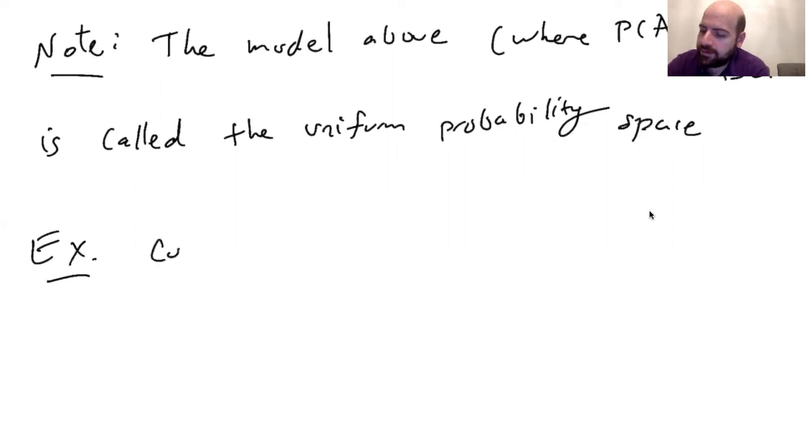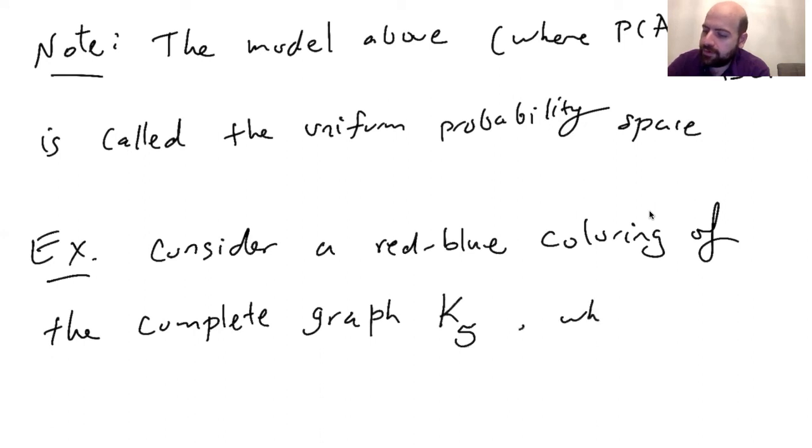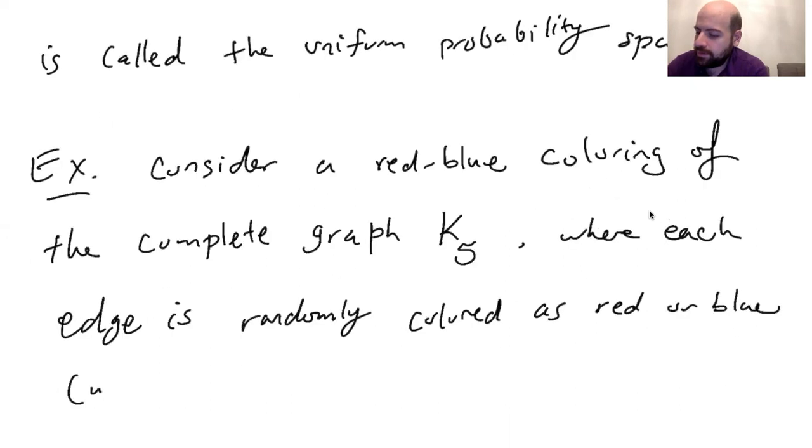Let's consider a red-blue coloring of the complete graph K5, where each edge is randomly colored as red or blue, with no bias in coloring.